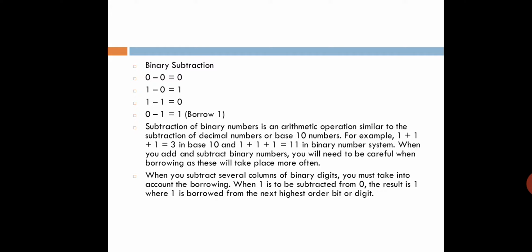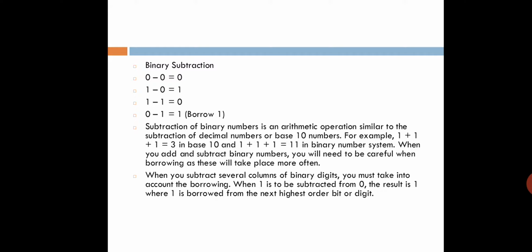When you subtract several columns of binary digits, you must take the borrowing into account. In terms of carry also you should be careful, but in subtraction, borrowing needs special care.